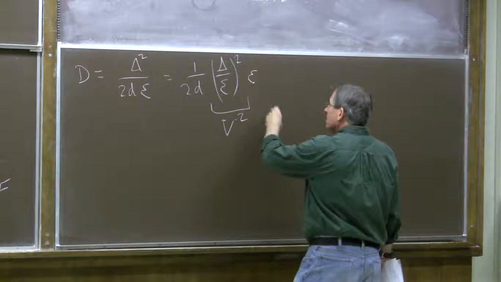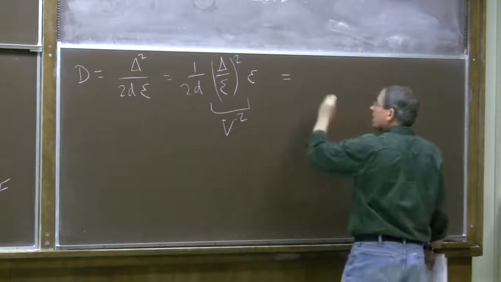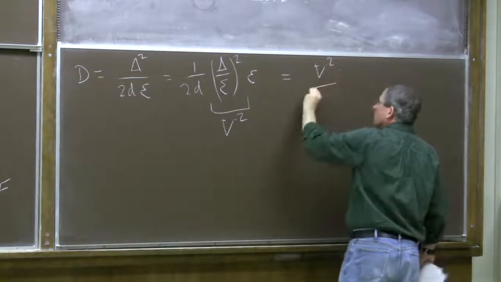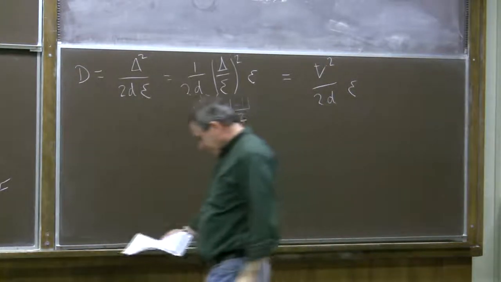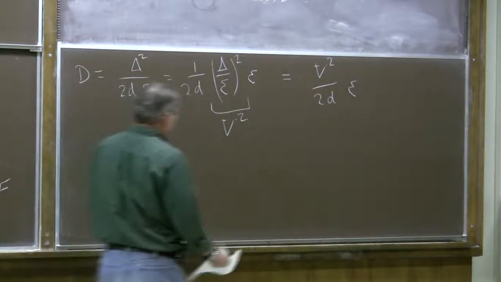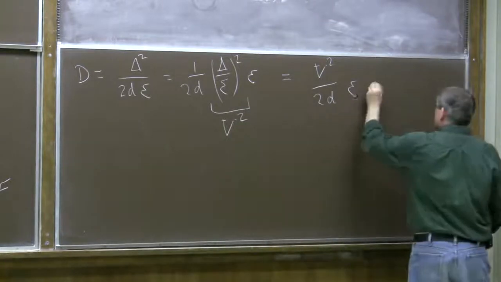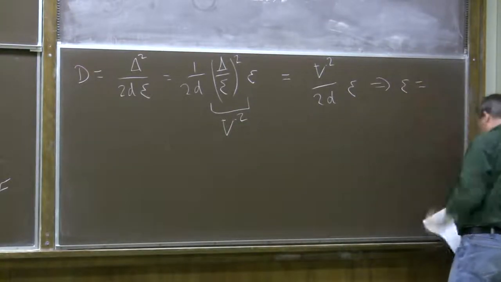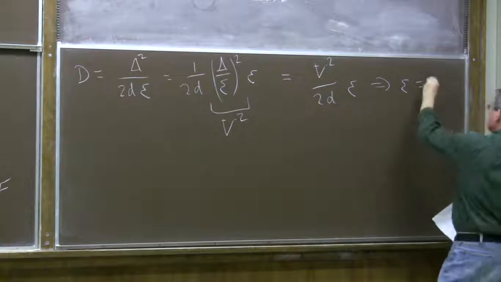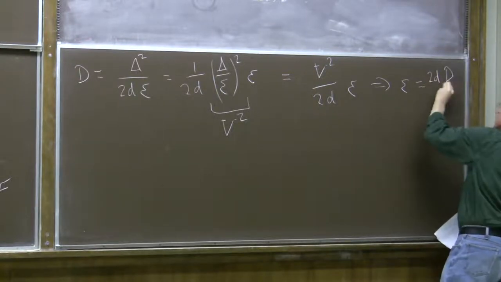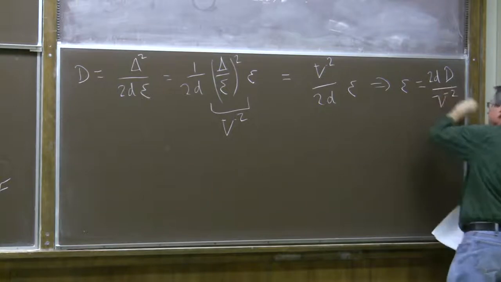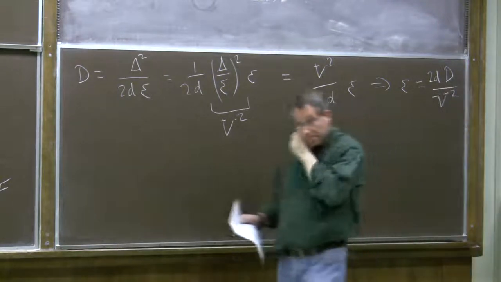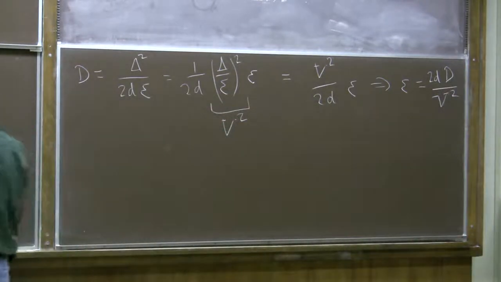So that means, since this is v squared over 2d epsilon, I can write epsilon in terms of the diffusion constant. Epsilon is equal to 2 big D, the dimension, times big D, the diffusion constant, divided by the speed squared. Okay? So what's the mobility?